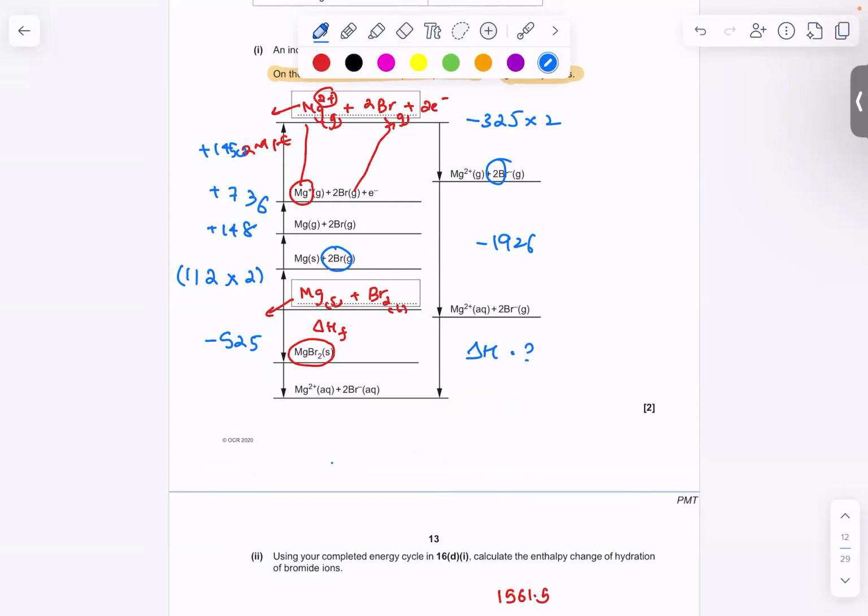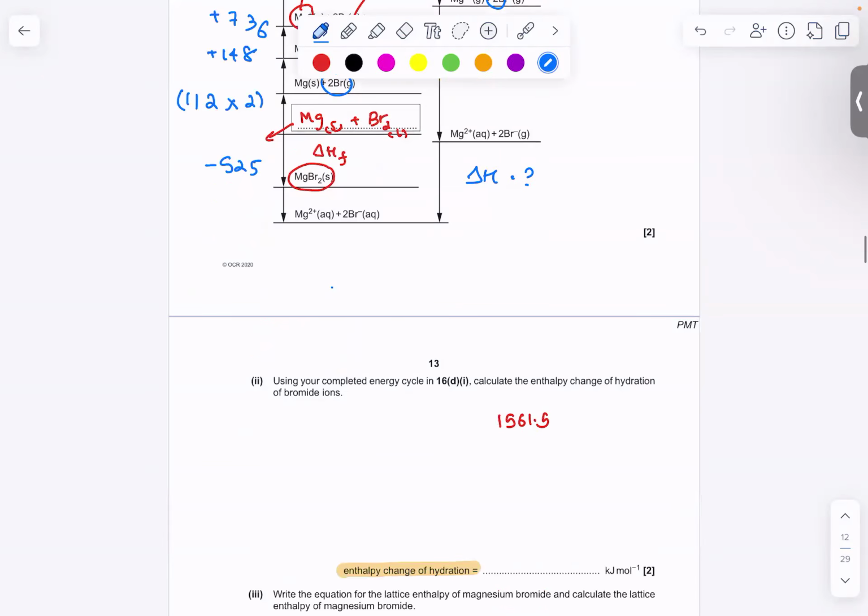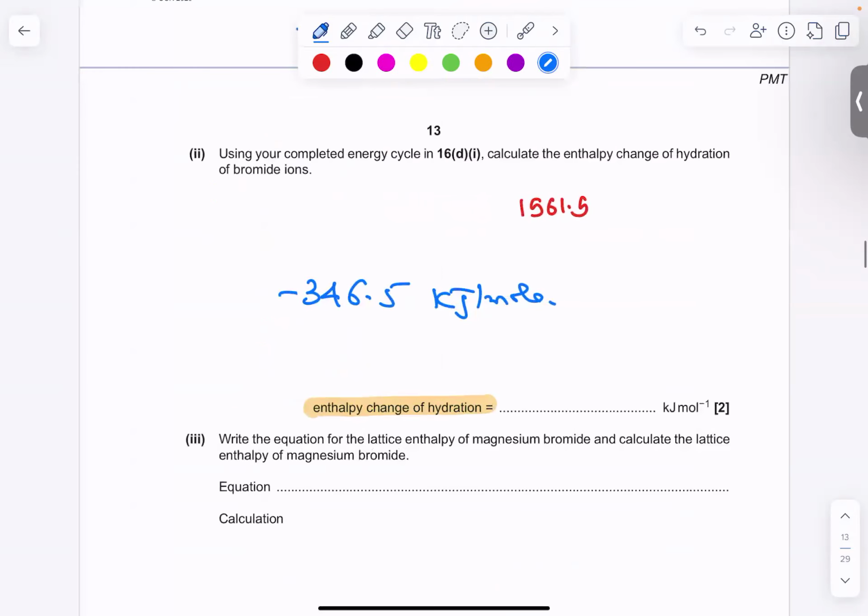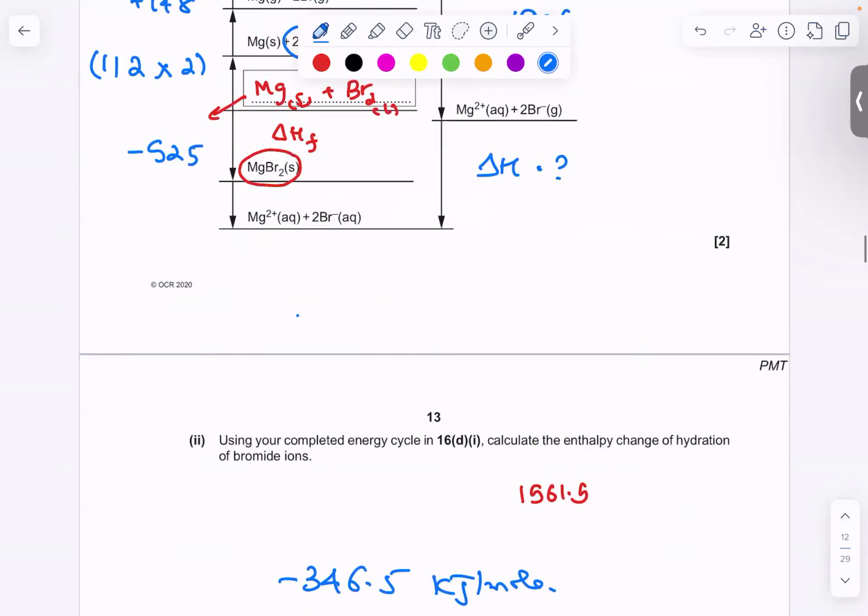So this would be, yes, this is minus 346.5 kilojoule per mole. This is the answer. I need to redo it.